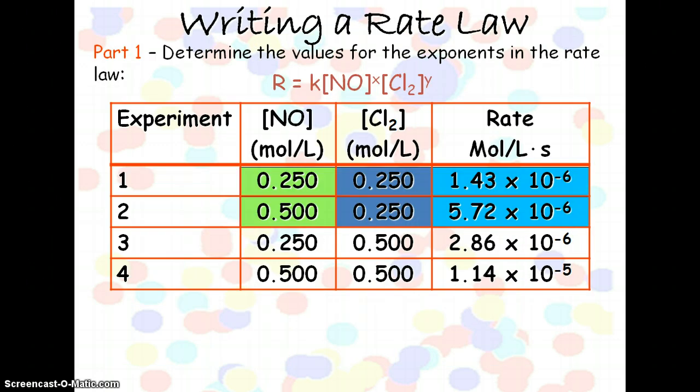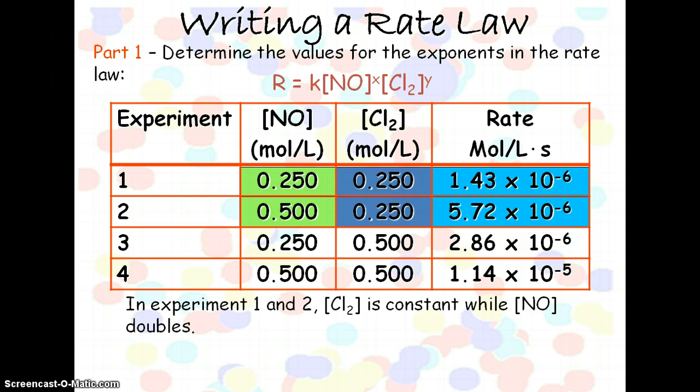Okay, well, whenever you're trying to do this, we are trying to find out the exponents, basically. If you look at experiment 1 and 2, you see that Cl2 does not change between these two experiments.